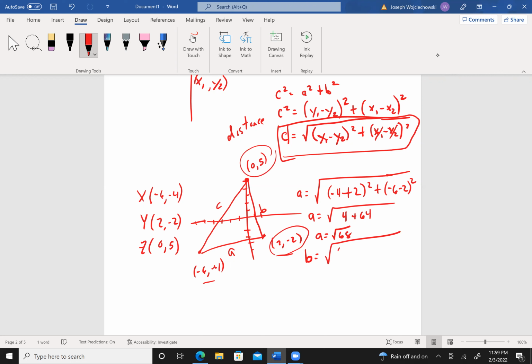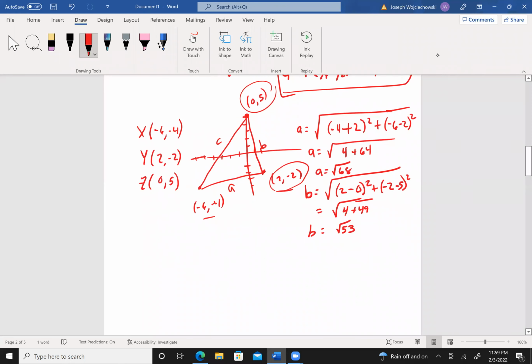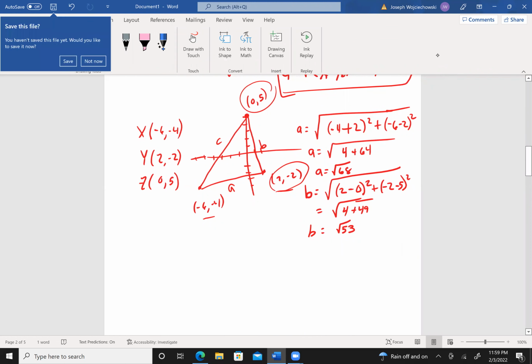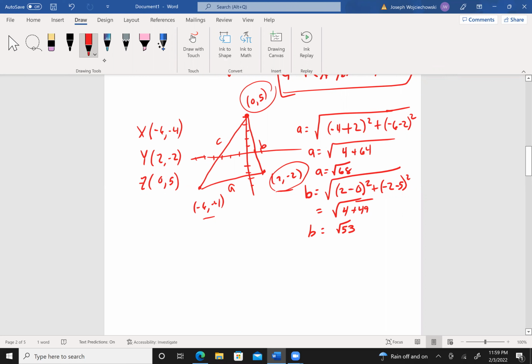I have (2 minus 0) squared plus (-2 minus 5) squared. 2 squared is 4. This is negative 7 squared, which is 49. So we get b is the square root of 53. Again, we don't need to worry about finding decimal values. Okay, so now we're at c here.